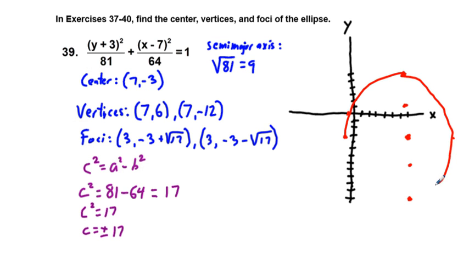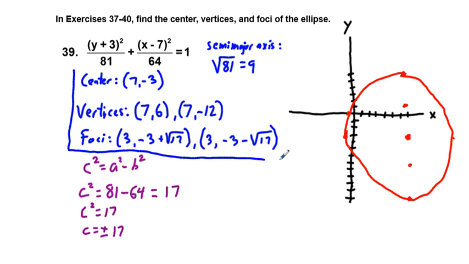Kind of a rather large ellipse relative to the other ones we've been sketching. Okay, so not tremendously to scale, but I think you get the idea. Here would be all the relevant points for what we're asked to find from this equation.